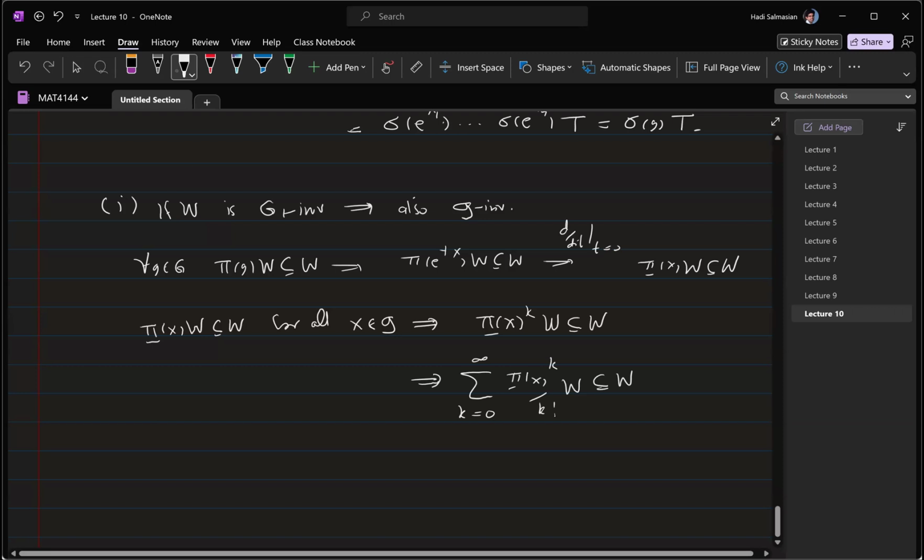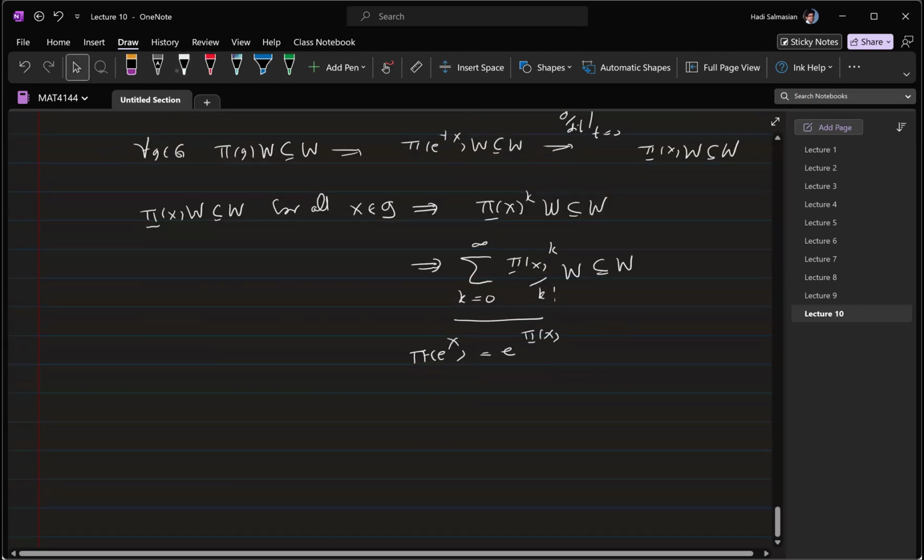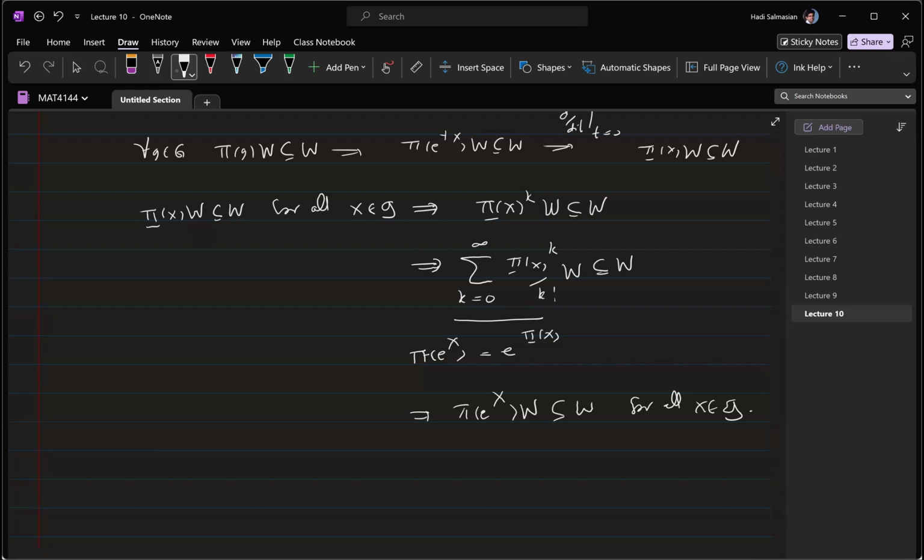But now this left-hand side is just pi of e to the x. So basically you obtain pi e to the x W is contained in W for all x in the Lie algebra. Then again, using the fact that any element of capital G can be written as a product of exponentials, you obtain that W is capital G invariant. Okay, all is good? Everybody following and happy?